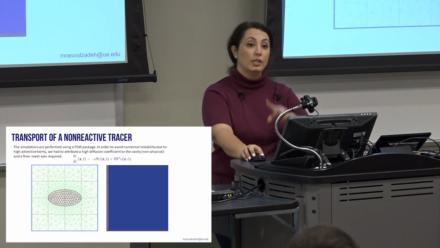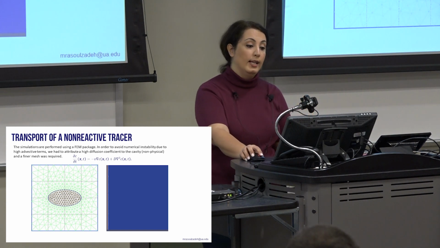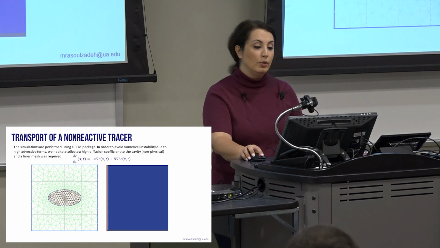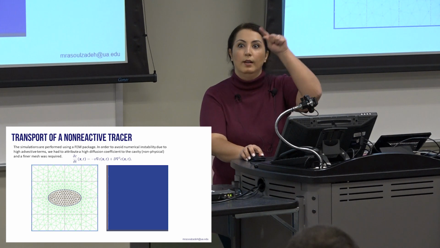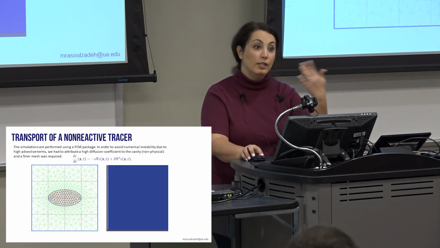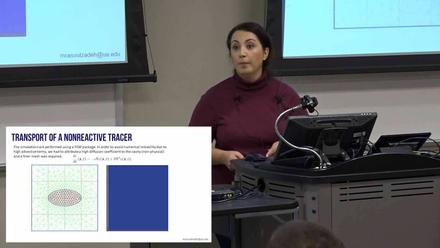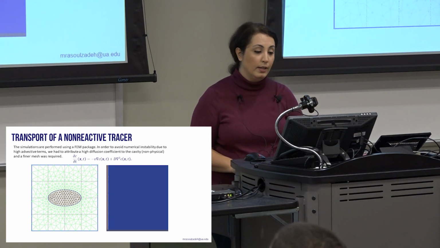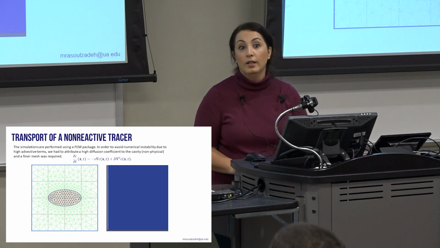Modeling such a medium, just let's take one cell and see what happens here. For transport modeling in this medium, this curvy structure of the perforation needs to be actually included in my model. Either I have to have a very fine grid, or I have to have an unstructured grid to be able to show that.